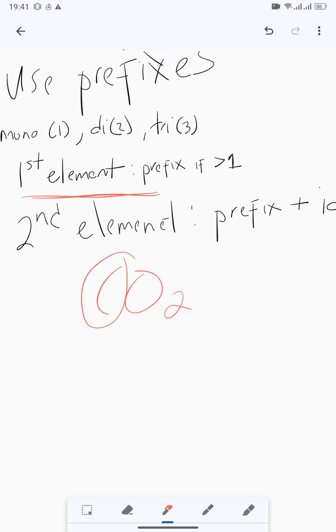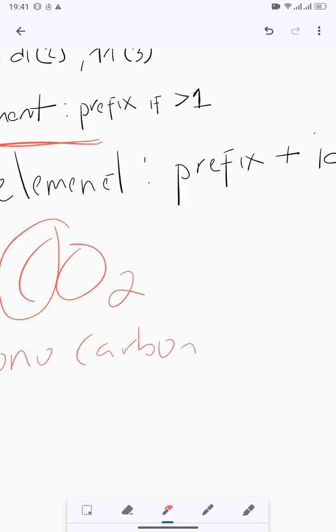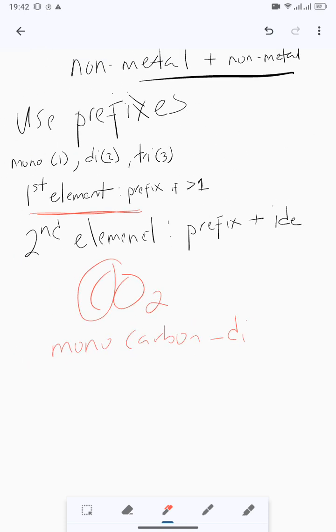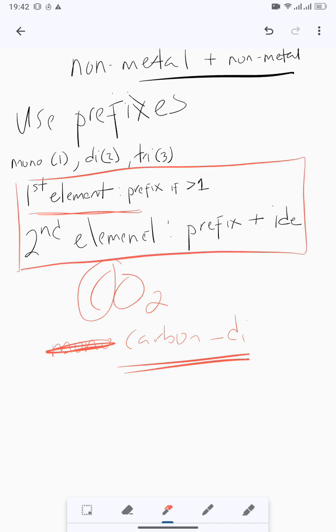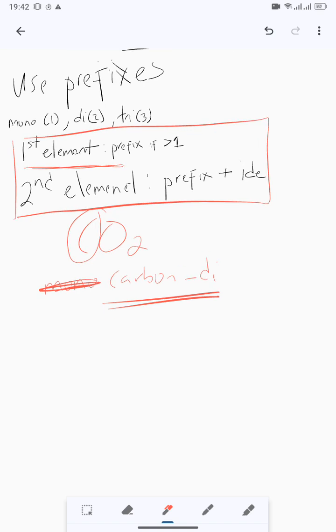That's why in most cases you can't write monocarbon dioxide. We just say carbon dioxide. So for the first element, just put the prefix only if it's greater than 1. Then for the second element you put the prefix plus -ide.